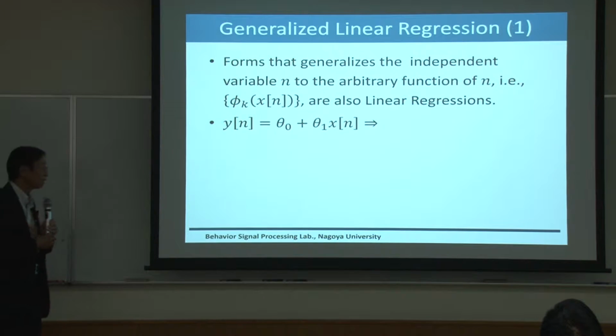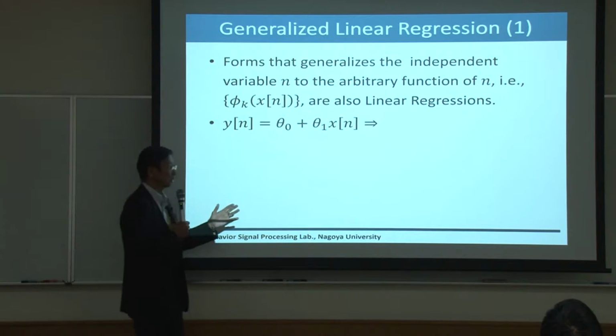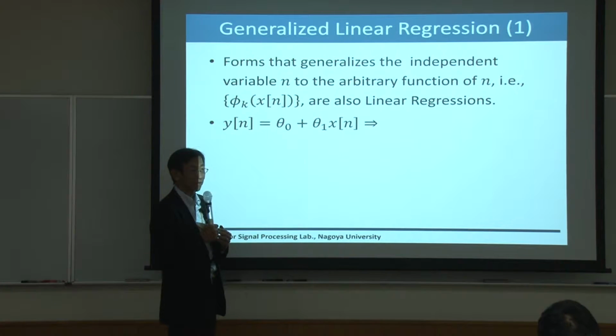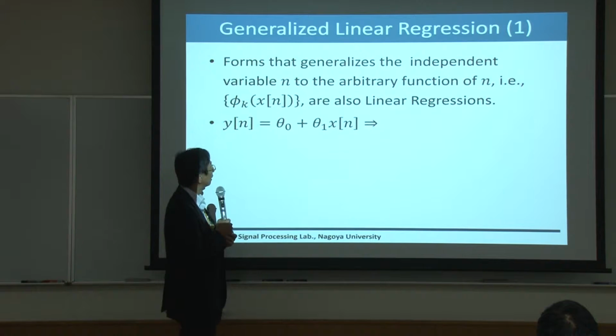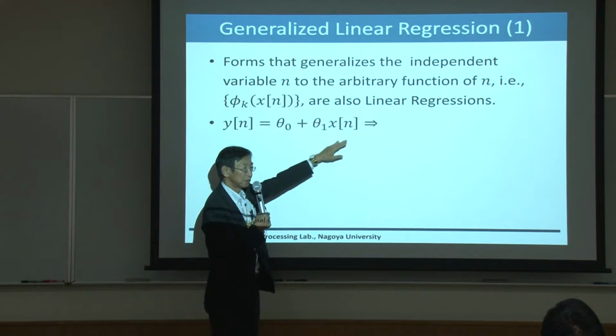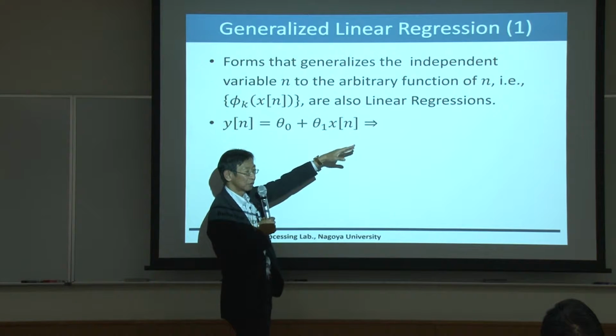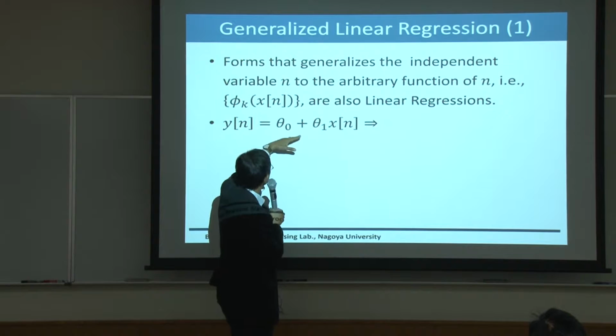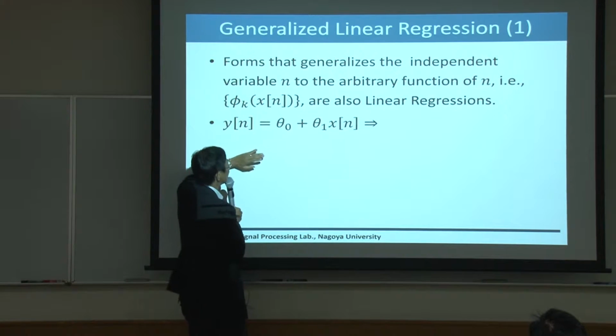As I said, this idea can be easily extended to more complicated hypotheses or rules. Here, I used a very simple linear relation to model the data. But that is not sufficient in many cases.